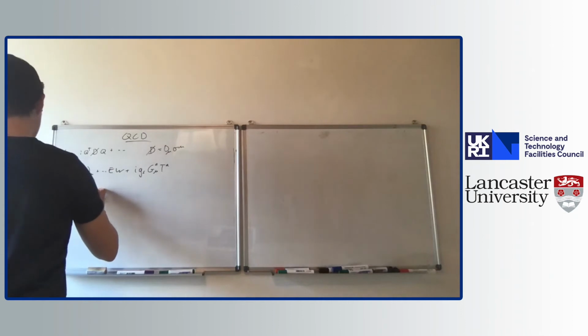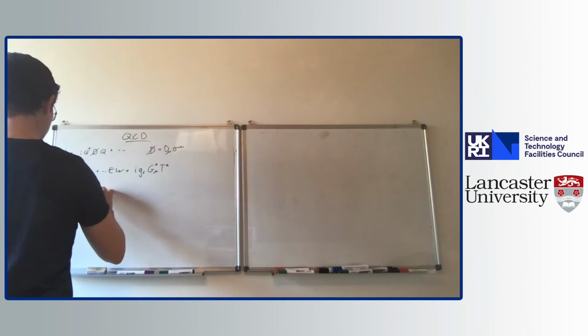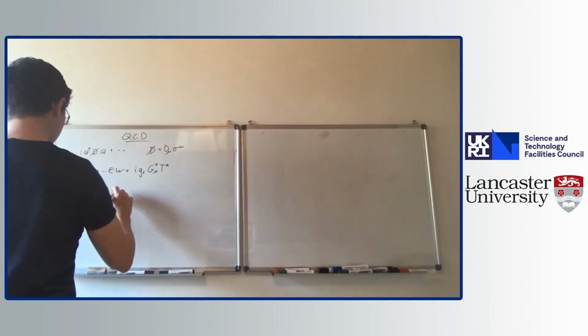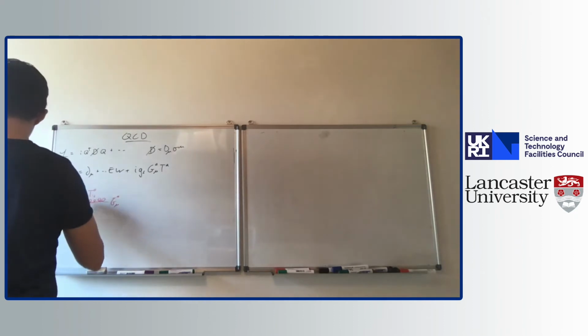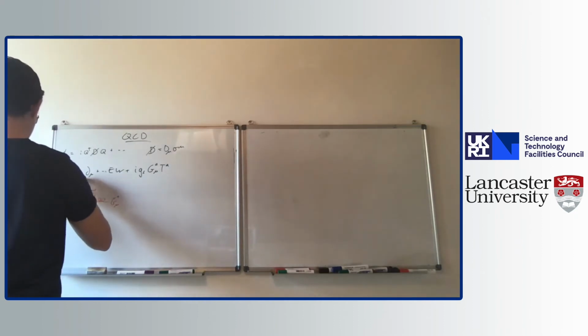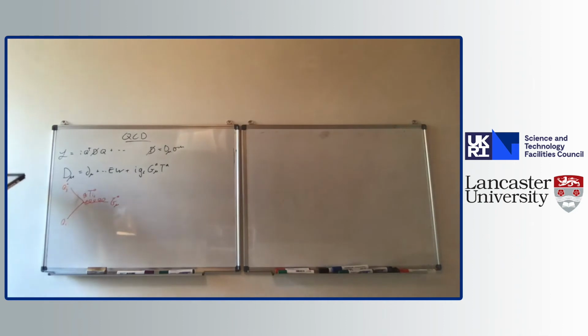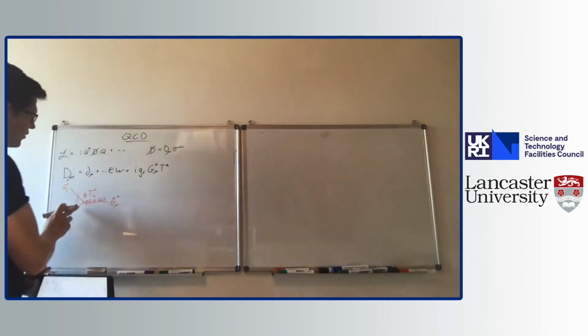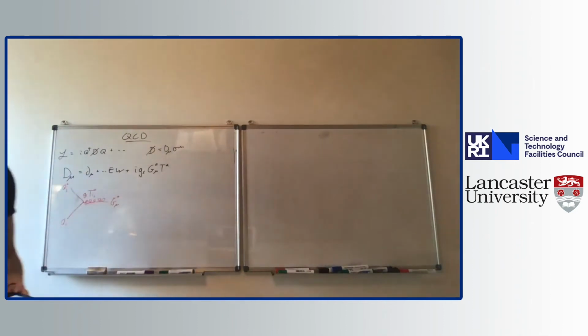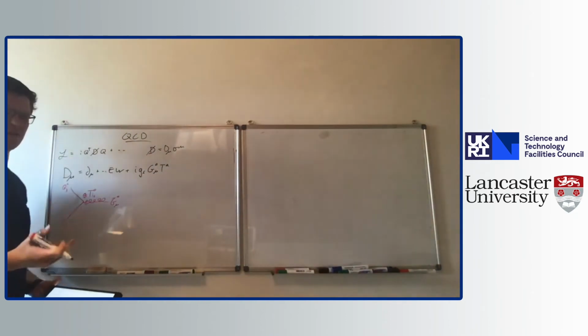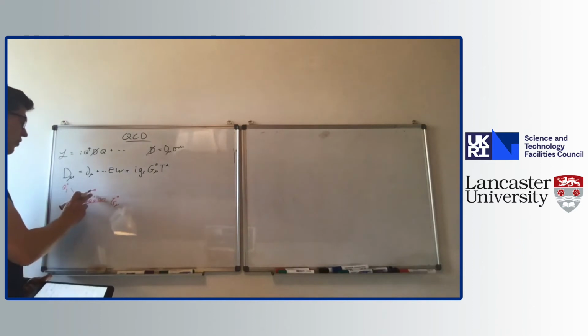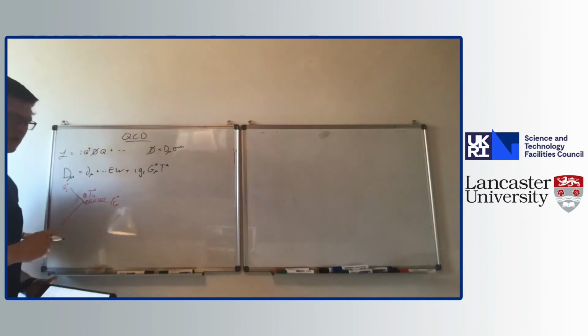And there's a g_s in here, and then a generator matrix T_ij. We've got G A mu, Q_i, Q_j dagger. The strength of the interaction is g strong, and you have to recall that there's one of these generator matrices in here.